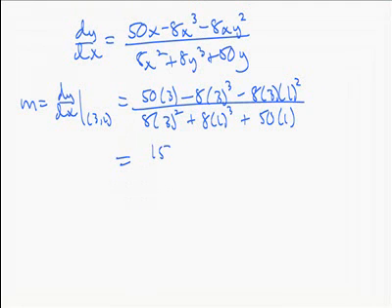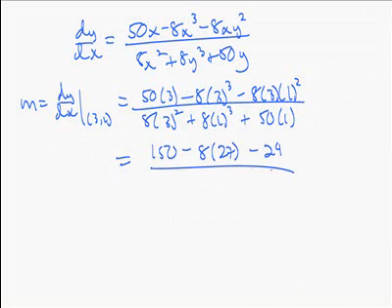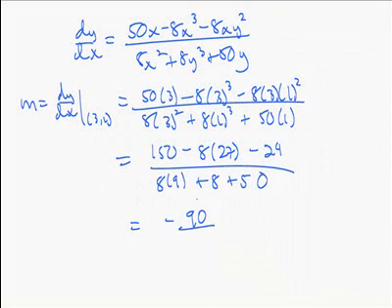So that's 150 minus 8 times 27, which is 216, minus 8 times 3, which is 24. All divided by 8 times 9 plus 8 minus 50. And I think if my calculations are right, this gives us negative 90 over 130, or negative 9 over 13.